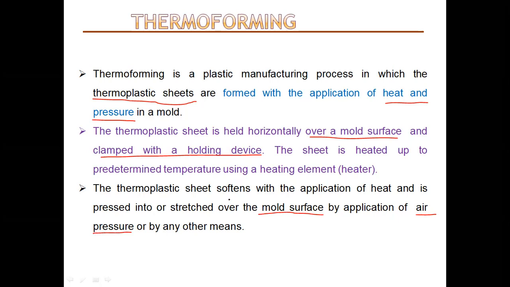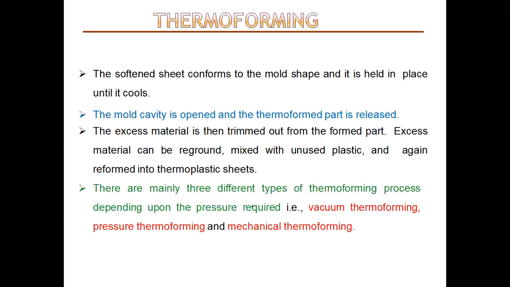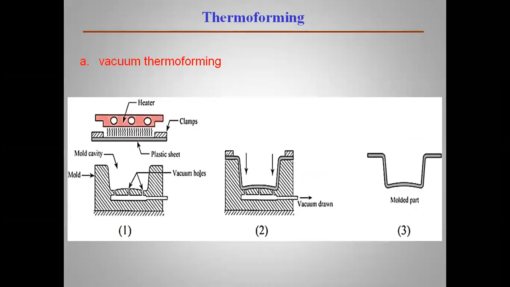This consists of mainly two steps. The first is heating, and the second is forming. Heating is normally done by an electrical heater located on one or both sides of the plastic sheet.